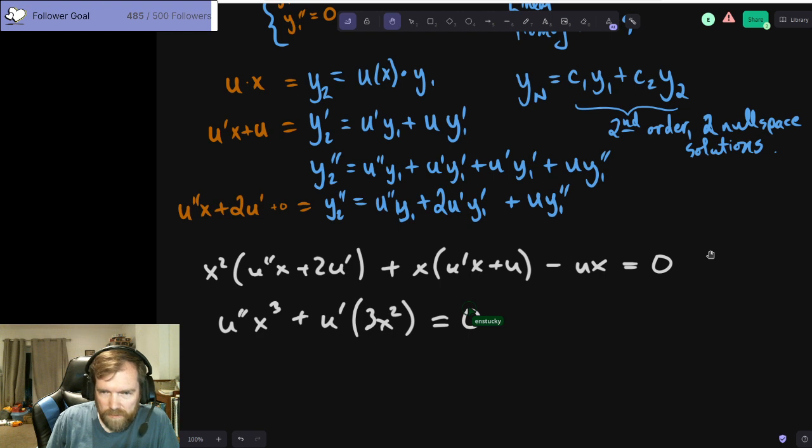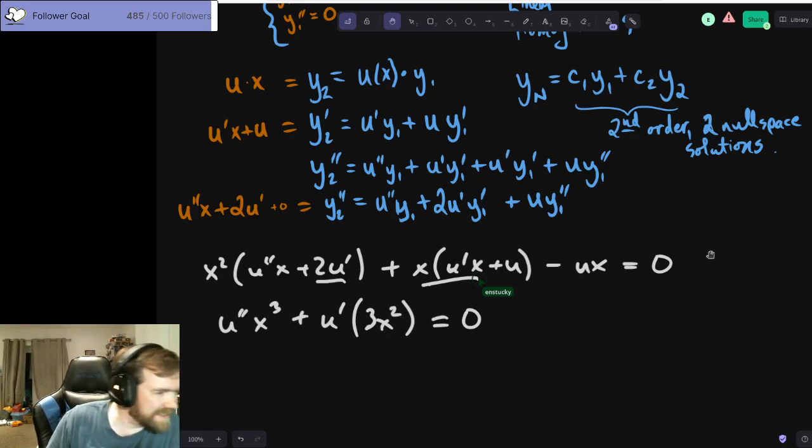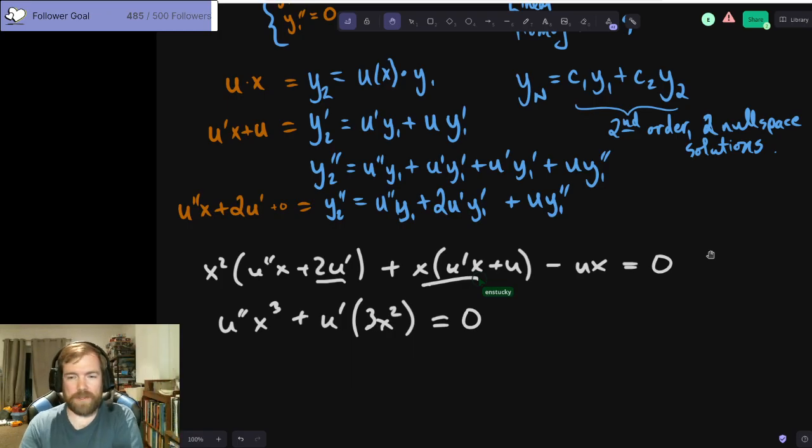Where are we at the 3x squared? You got 1 from there and 2. Yep, and the other two terms nicely subtract out, so ux minus ux.